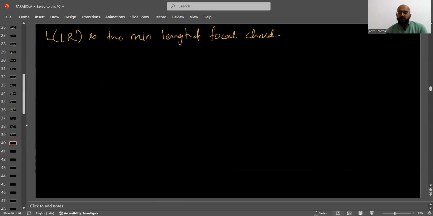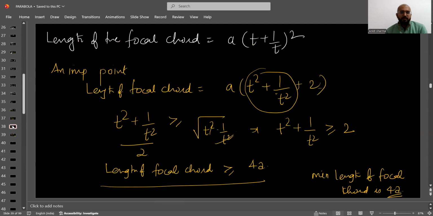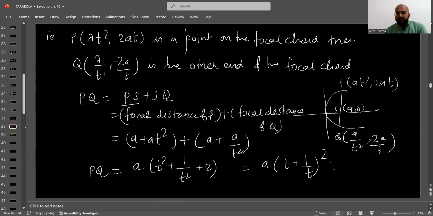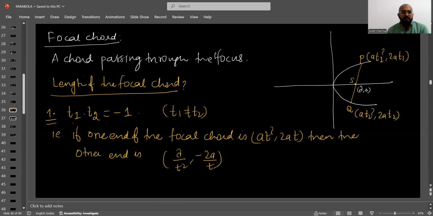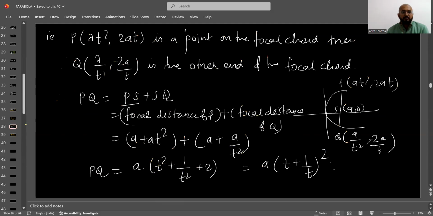So another very important property we have noticed. And now also one more important point, that PSQ, I'll be calling it the components of the focal chord. Property number 2. This is split into three, I guess. The first one is this. The second one is the length of the focal chord.